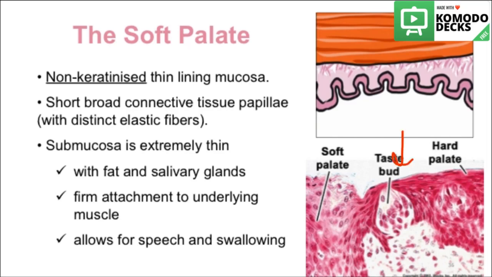At the junction between the hard keratinized epithelium, the hard palate, and the non-keratinized epithelium, the soft palate, we can see little sensory organs like taste buds.